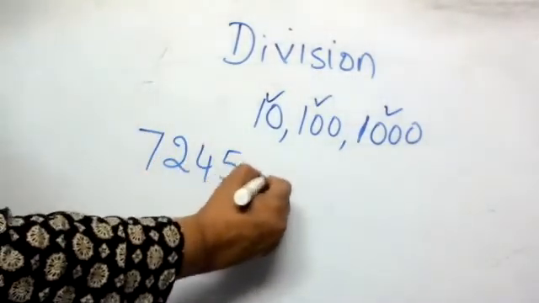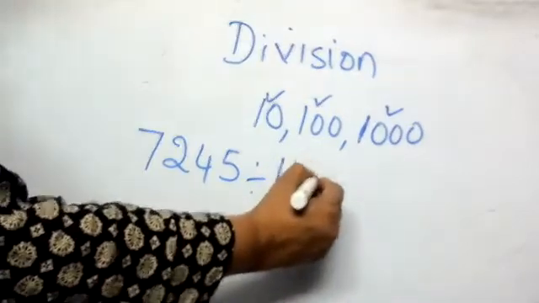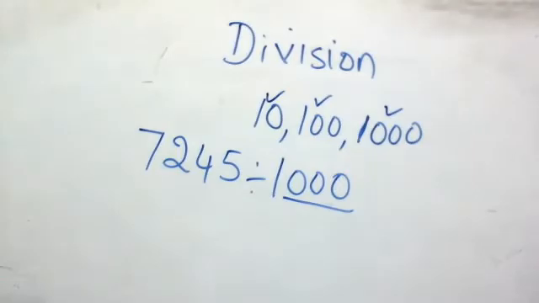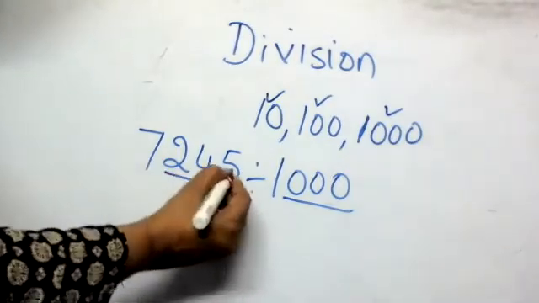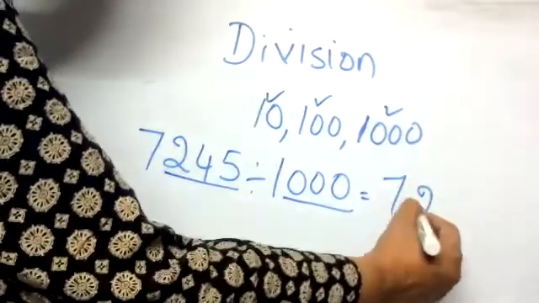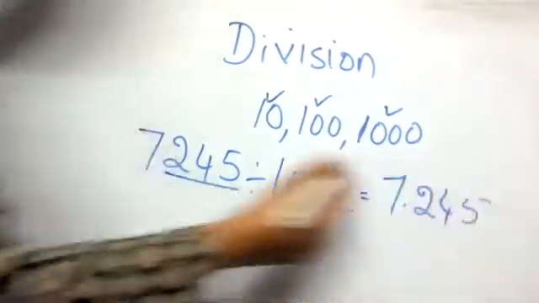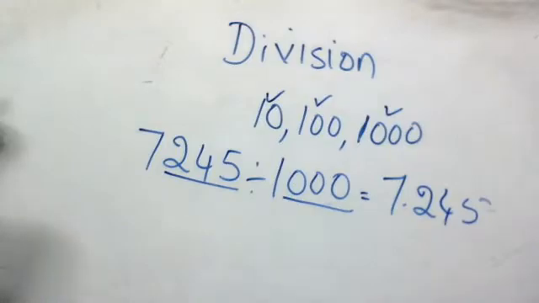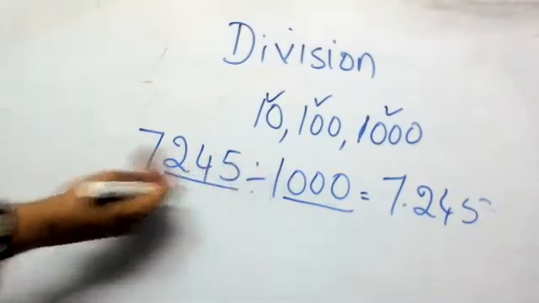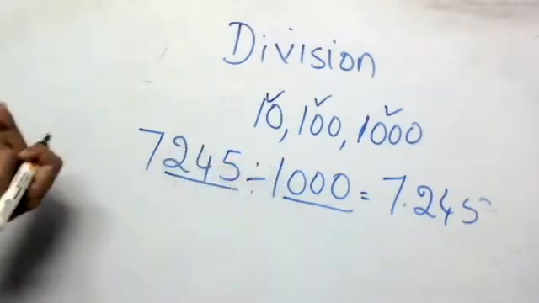7245 divided by 1000. Now there are 3 places. So the decimal point will come from the right side 3 places. 7.245. Don't take it from the left side. Don't take it from the left side. We have to always put the decimal places from the right side.